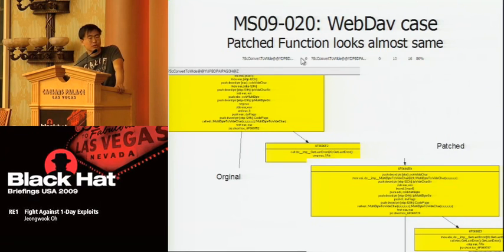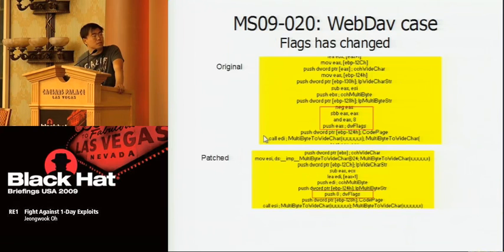It's about some Unicode conversion or wide character conversion function. This is the original one, and this is the patched one. The problem is that they look almost the same. Because there is no red block, it means that they didn't put in any logic check or comparison or something. They just changed something here. So we look into it more.